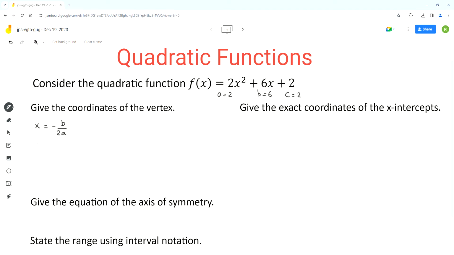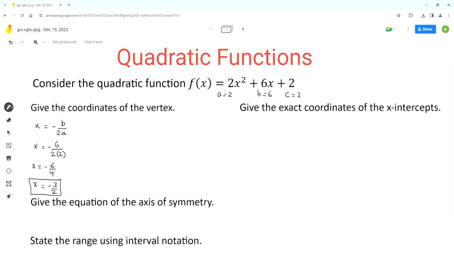So we sub in b as 6 over 2 times 2. Now we can reduce this fraction. So we get negative 6 over 4, which can be simplified to negative 3 over 2. So this is the x coordinate of the vertex.